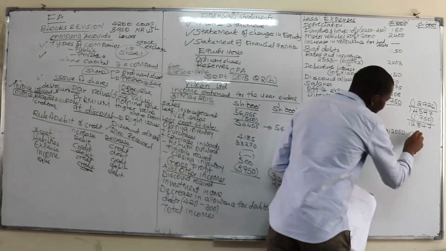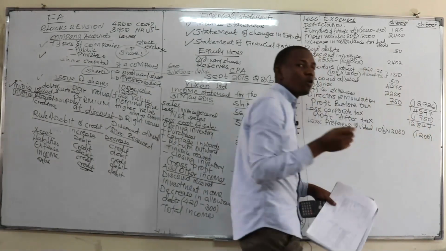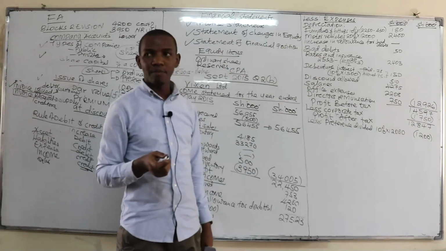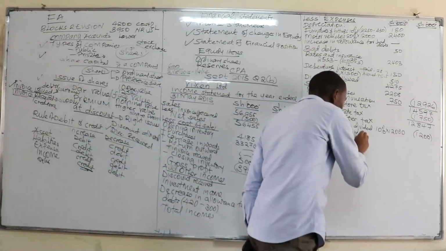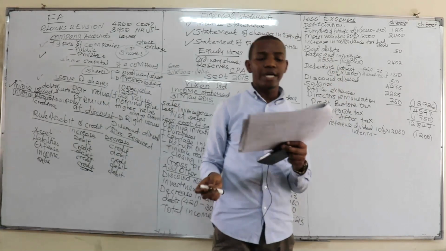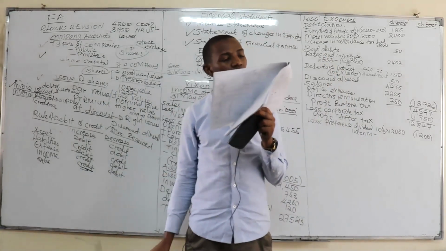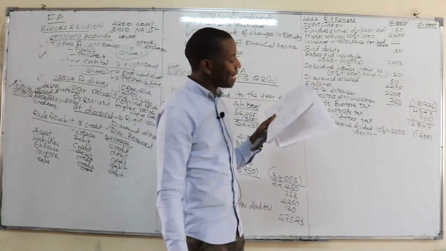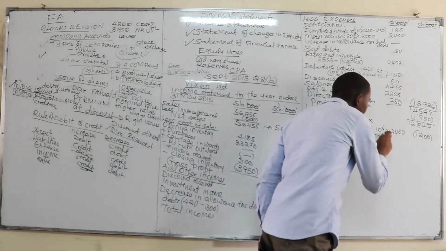So the total preference dividend that the company is required to pay for the whole year is 1,200. But when you check on the trial balance, you will realize there is what they paid for the interim. On the interim, from the trial balance, up in your directors' remuneration, they only paid 480.